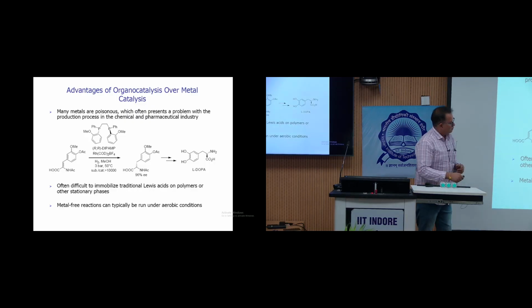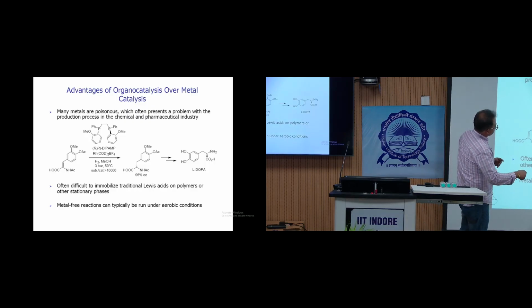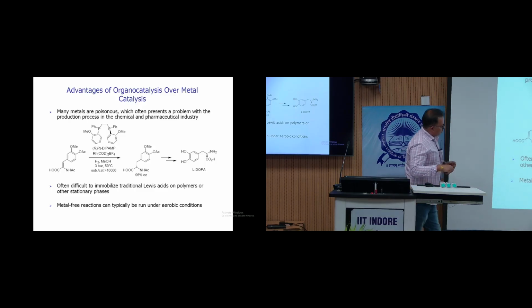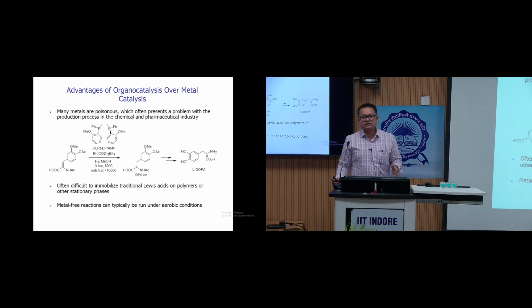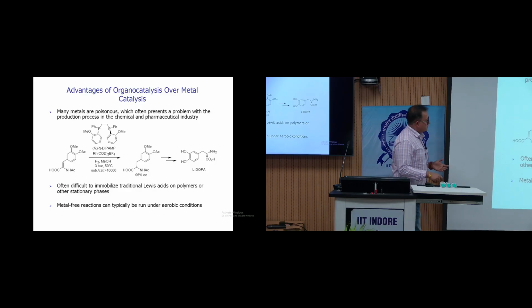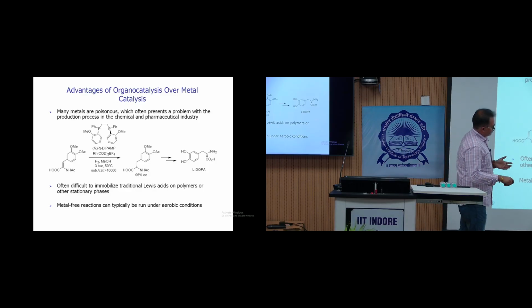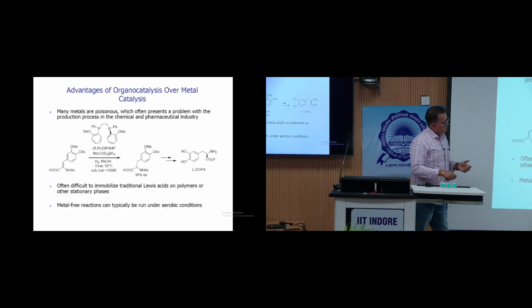Again, you see this, we use BINAP, a chiral ligand, in the synthesis. What do you generate? You generate L-DOPA. What is L-DOPA? L-DOPA is a drug given to hypertensive patients, especially female patients when they undergo pregnancy. It decreases the high blood pressure, particularly in pregnant women.